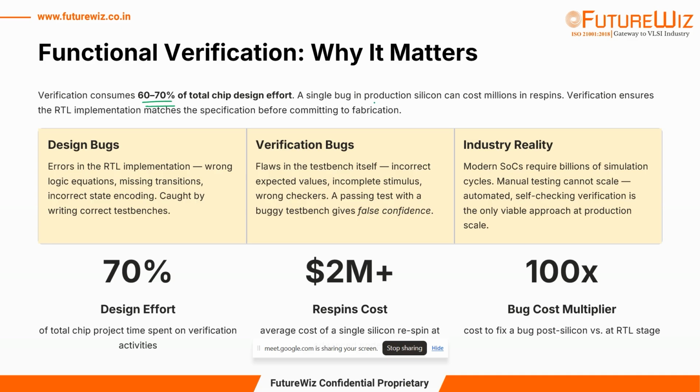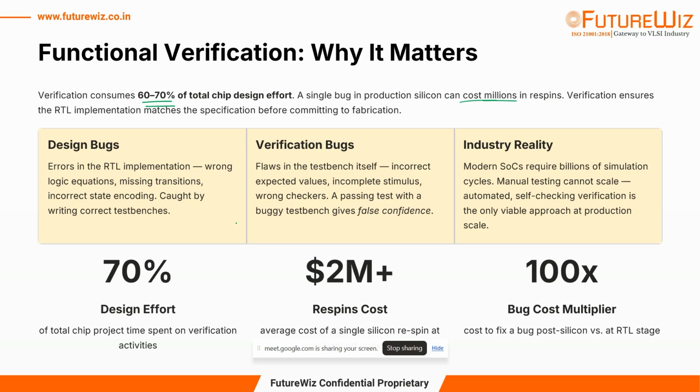If a single bug comes in the silicon, the product which you have implemented, it may cause you a loss of millions of rupees, right? So verification ensures that whatever RTL you have implemented matches your required specification, and whether it is fit to be committed to fabrication or not, right?